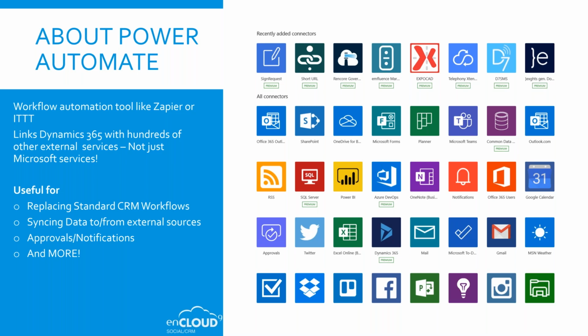For example, we've had some clients, and we're going to be demoing this as part of the webinar, ask us to build a flow so they can send an email or a text message to a contact.